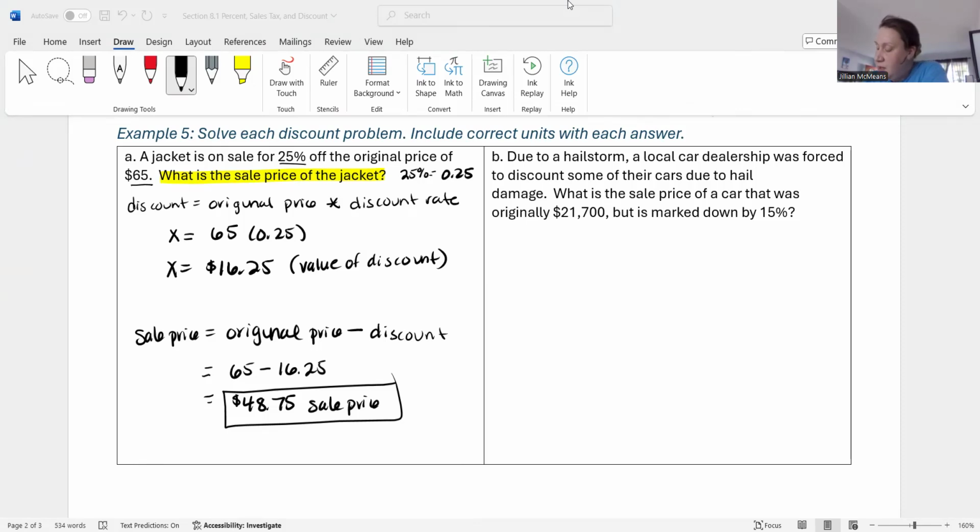So remember, discount equals original price minus the discount. And so what we do is we acknowledge that the discount is the piece we don't know. We know the discount rate, but we don't know the dollar value of the discount. So we're going to say the discount is X. The original price is 21,700.